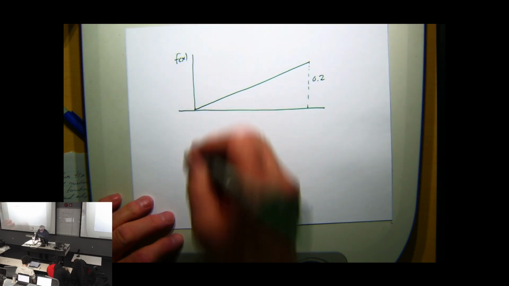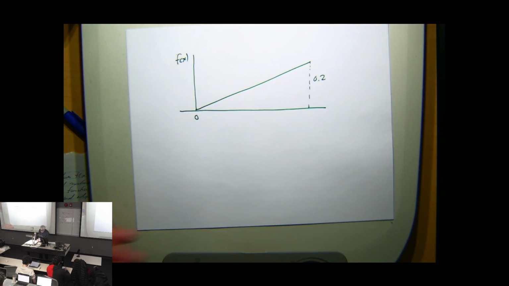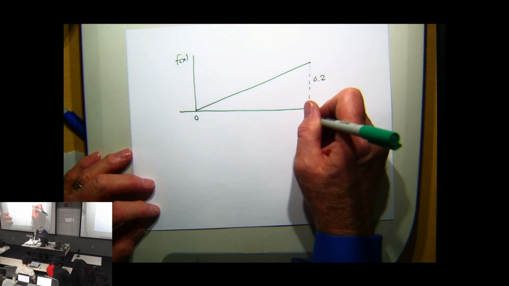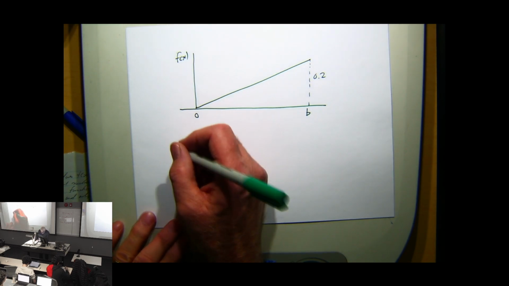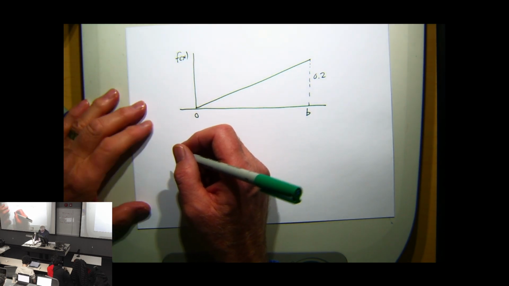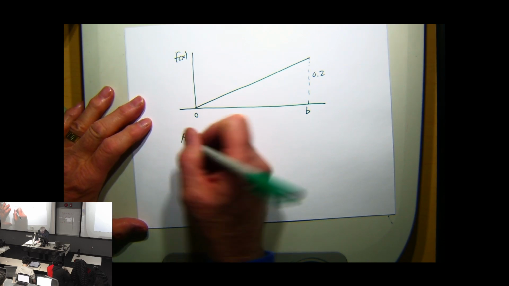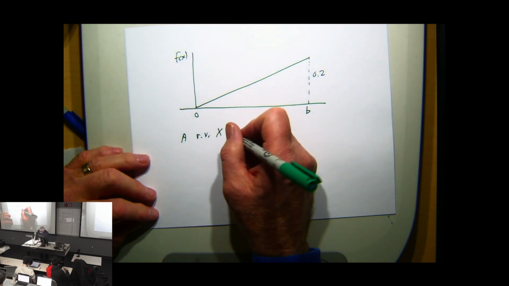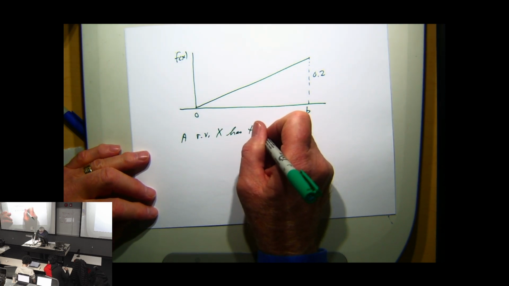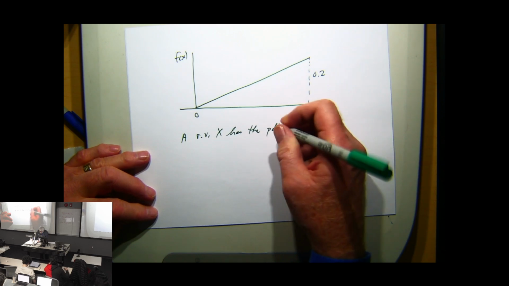And this is 0, and this is some value b, which, oh, I don't remember what it is. Oh, disaster. But you people will solve it for me. Okay. A random variable x has the PDF shown above.